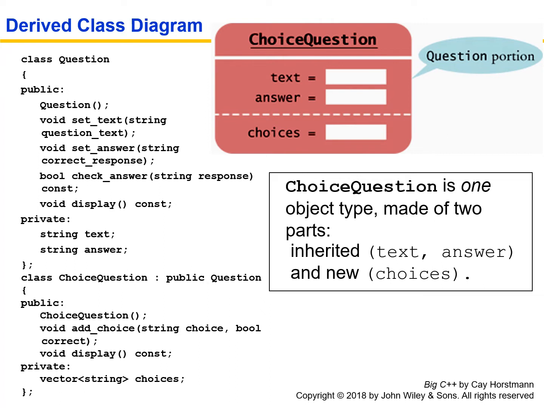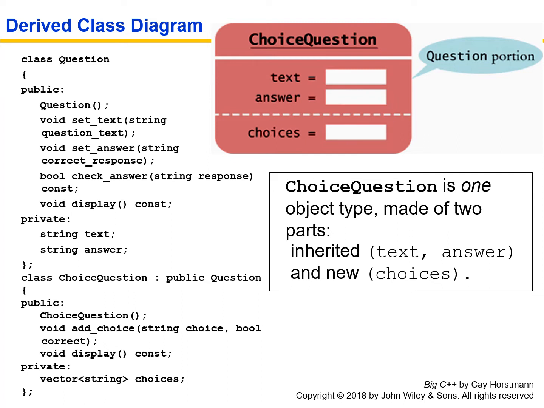The code on the left side of this screen shows the code that's inherited from class Question: the setText function, the setAnswer function, the checkAnswer function, and the display function. And then it shows the code for ChoiceQuestion that adds an addChoice function and is going to override the display function.